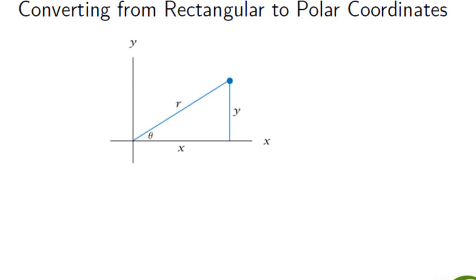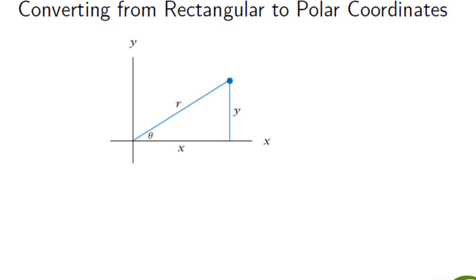If I want to go the other way, converting from rectangular to polar coordinates, I use the same idea. If I know this point to be an xy coordinate, I need to find the r, and I need to find the angle theta that it makes.